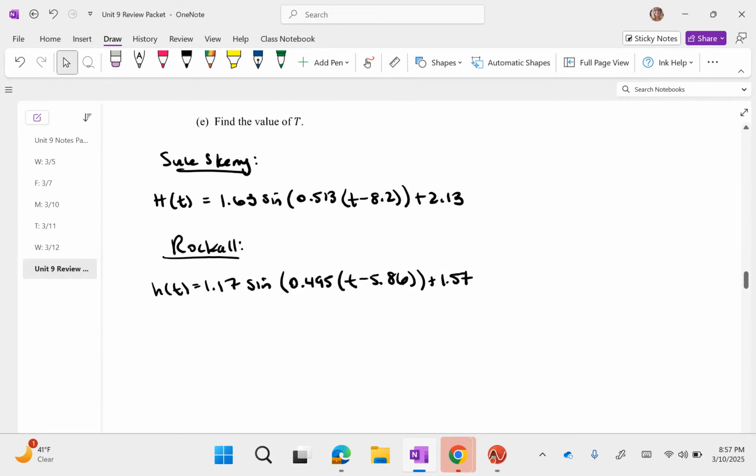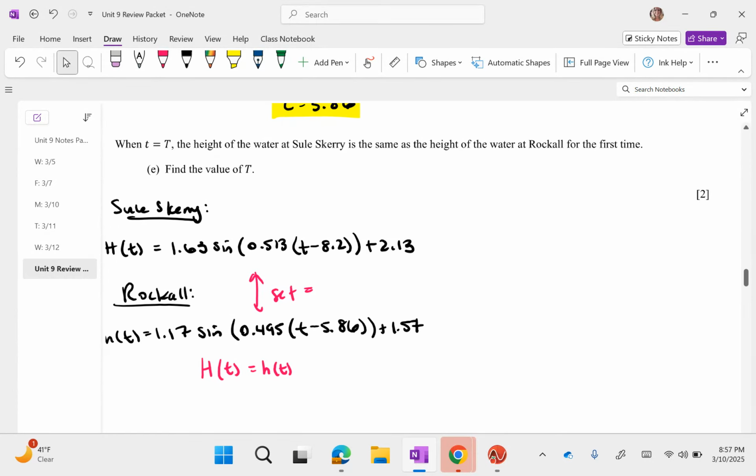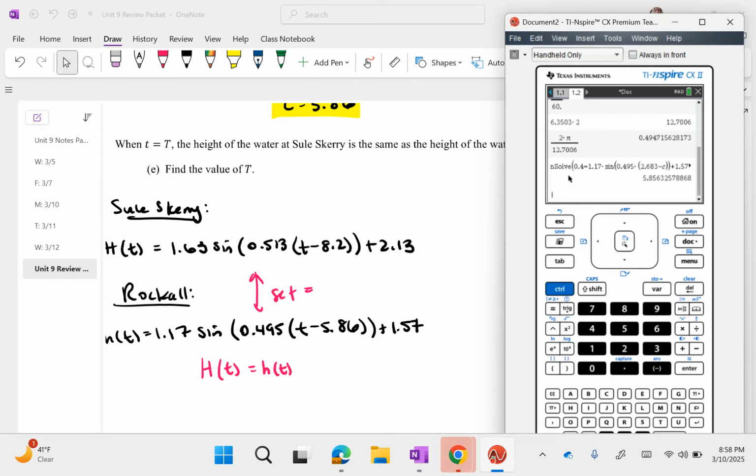And basically what I'm trying to find is, I'm going to set these equal to each other, and find where h of t equals little h of t. All right, let's see where these bad boys cross. Here we go. So I think I already have Sewell Skerry in here, right? Sewell Skerry is F1. Perfect. So I'm going to delete this horizontal line because I don't need it anymore.